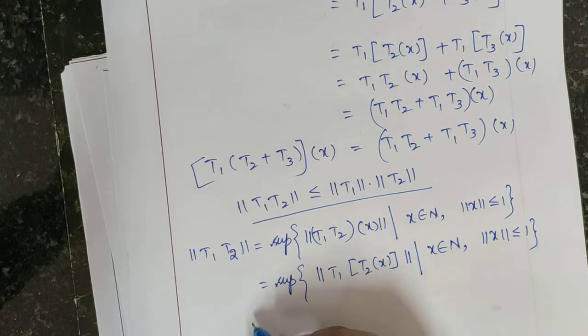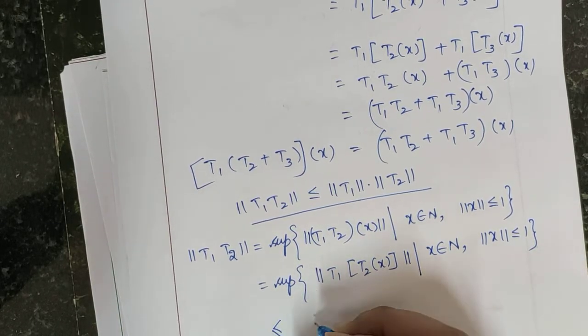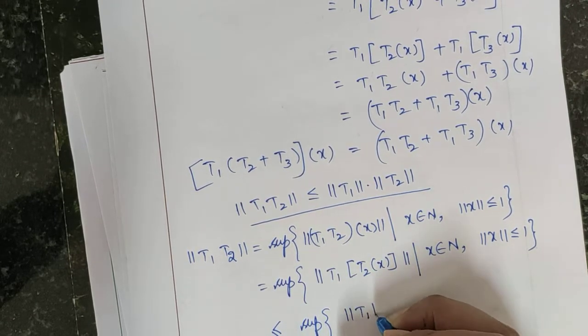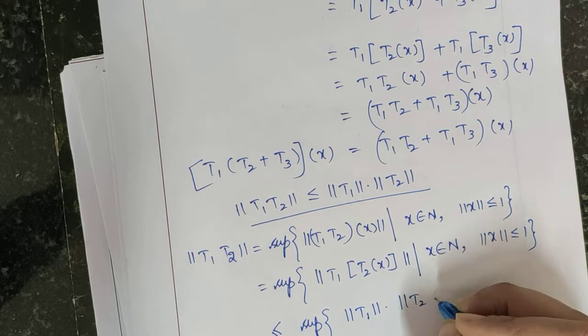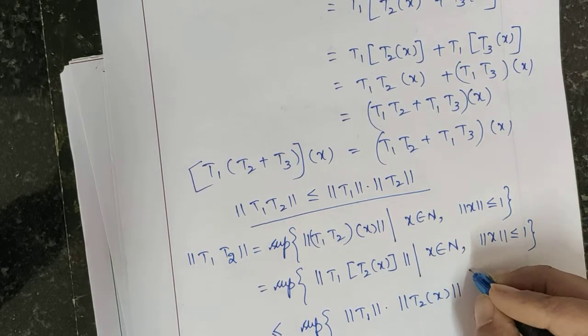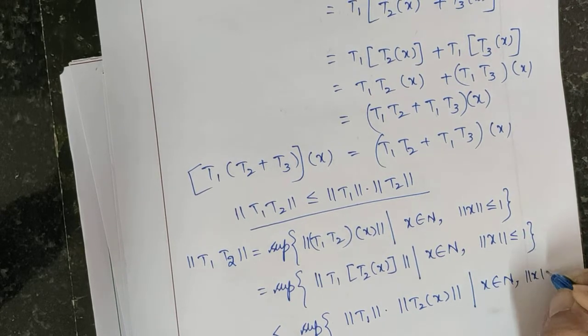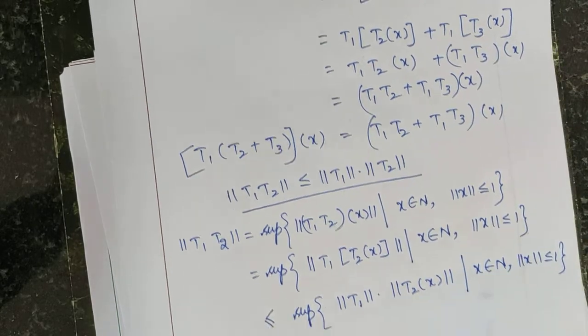So now this will obviously be less than or equal to the supremum of norm T1 into norm T2 of x such that x belongs to N and norm x is less than or equal to 1.